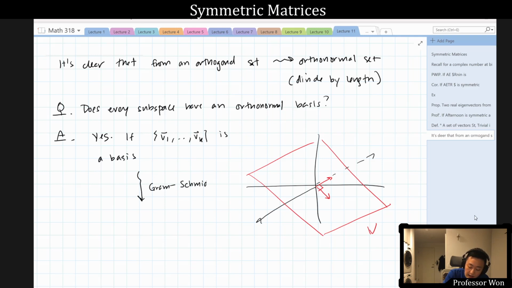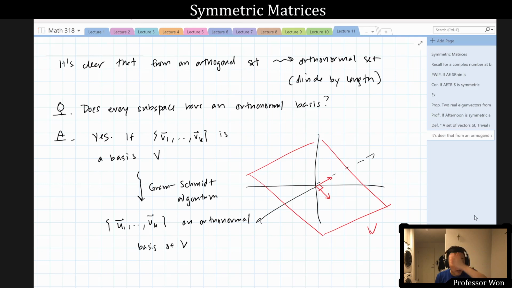It's called the Gram-Schmidt algorithm, that produces, let's call it u1 through uk, an orthonormal basis of V. That algorithm uses just projections.